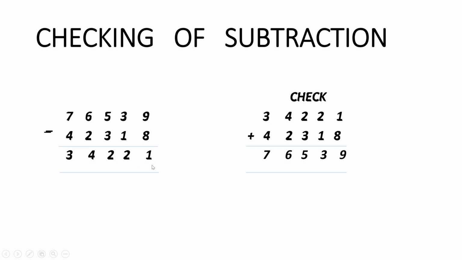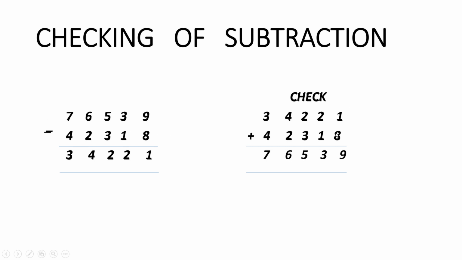But you might be thinking how? So you have to add the answer, that is 34,221, with the subtrahend, the number which was being subtracted, that is 42,318. And if you get the answer as the minuend, your subtraction is correct.